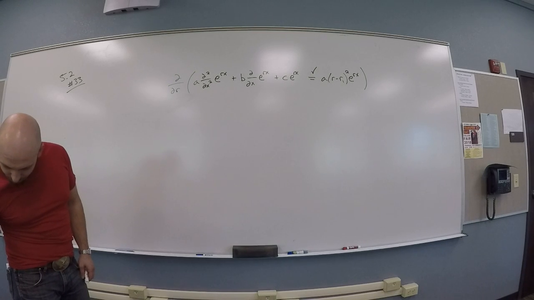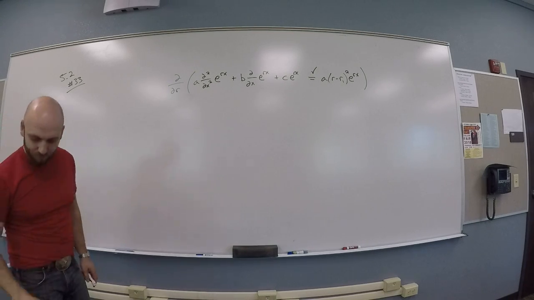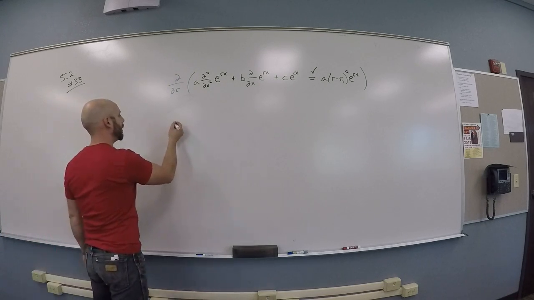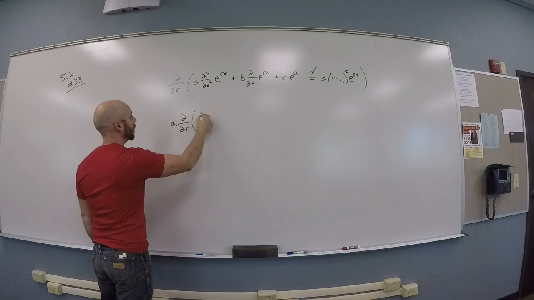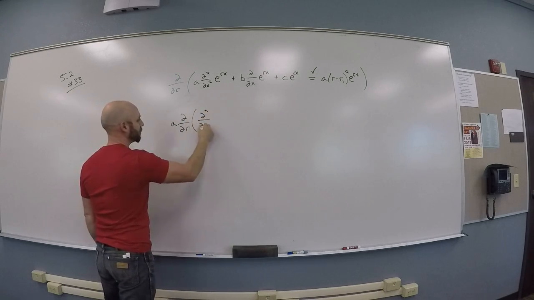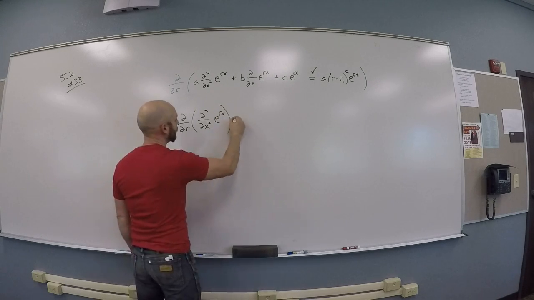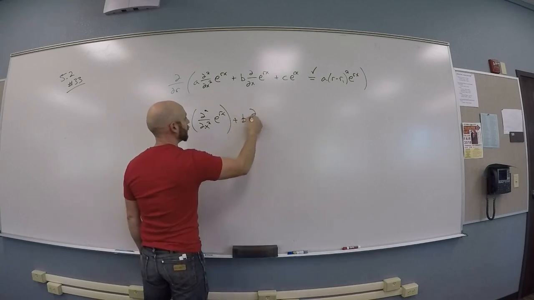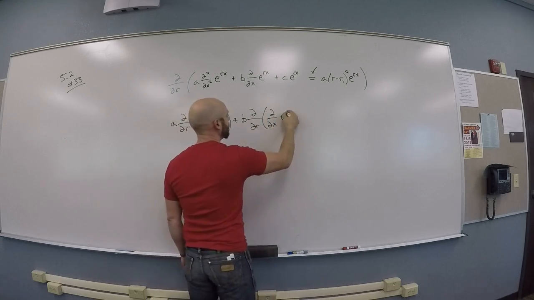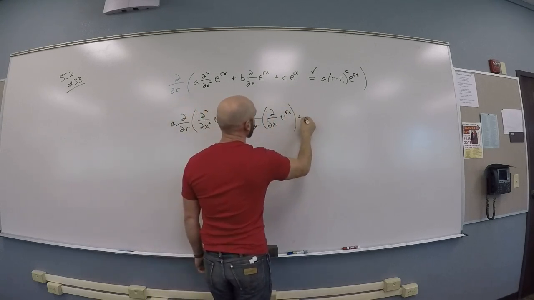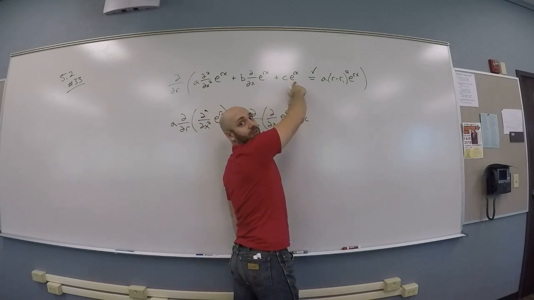They want me to leave all the derivatives on the left-hand side. Well, almost all of them. So I got 2Ar, and then the partial with respect to r of the partial with respect to x done twice of e to the rx, plus B, partial with respect to r, partial with respect to x of e to the rx, plus C, and that one I actually know how to do, right?